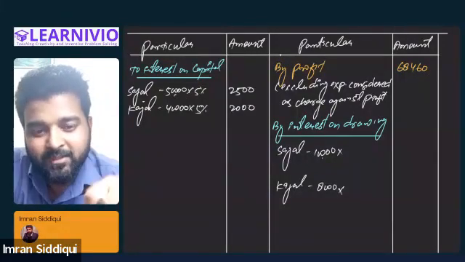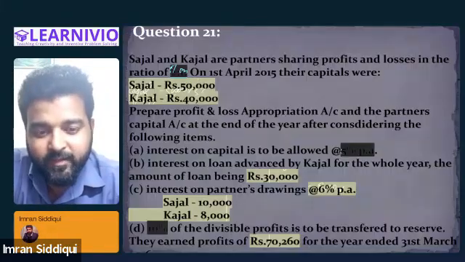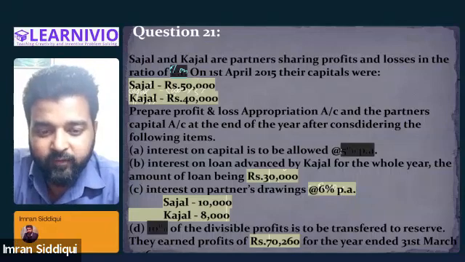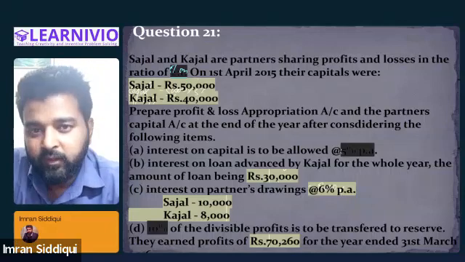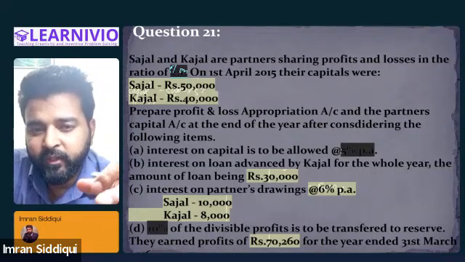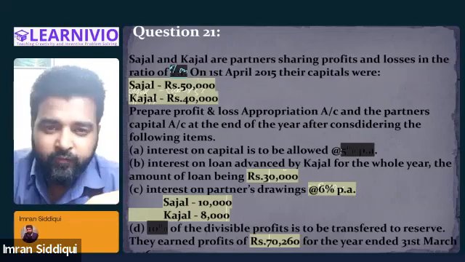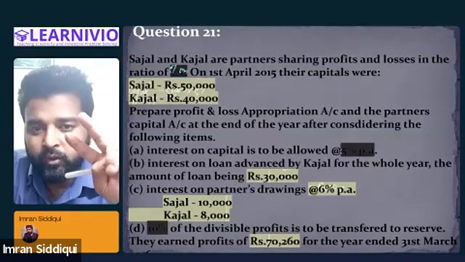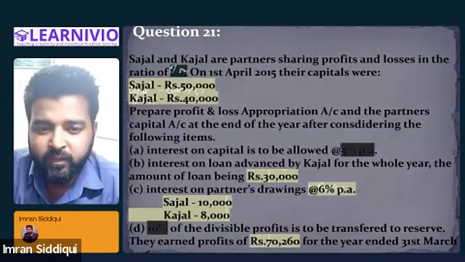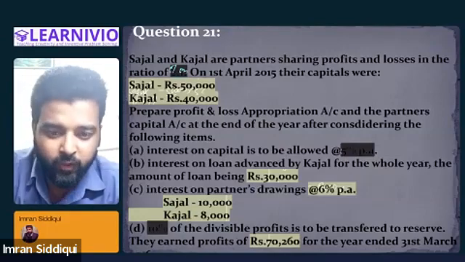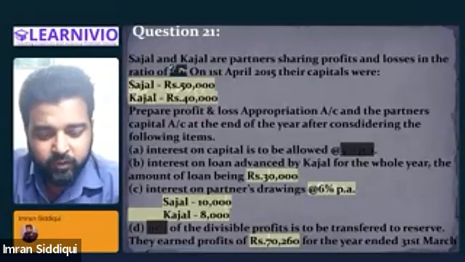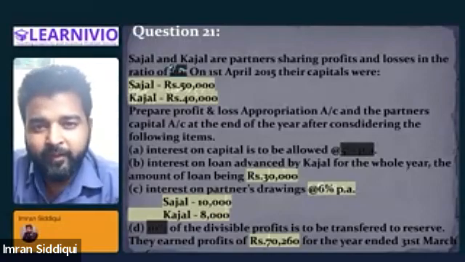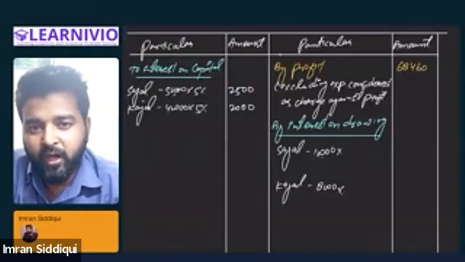Now, in this question, the date of drawing by the partner is not given. We just finished our topic on interest on drawing, right? If you're able to recall, we have two methods to calculate interest on drawing: the product method, and then the other method. The thing is that because the date of drawing is not given, for how many months will interest on drawing be charged?